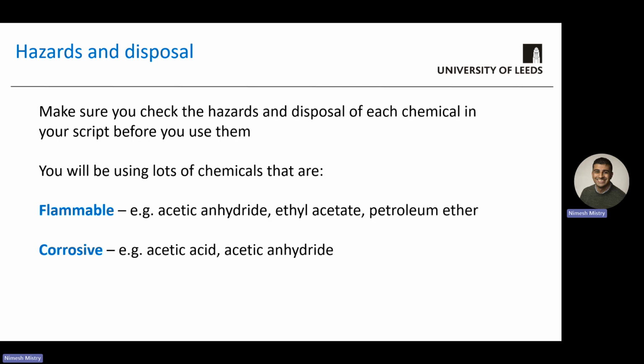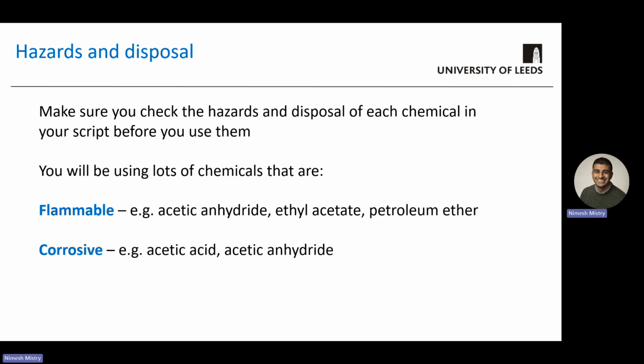These are some of the key hazards that you're going to be working with through the paracetamol experiment. So these chemicals here, acetic anhydride and the solvents, ethyl acetate and petroleum ether, are highly flammable. So do make sure you don't have any heat sources, Bunsen burners for example, nearby that could ignite these flammable materials.